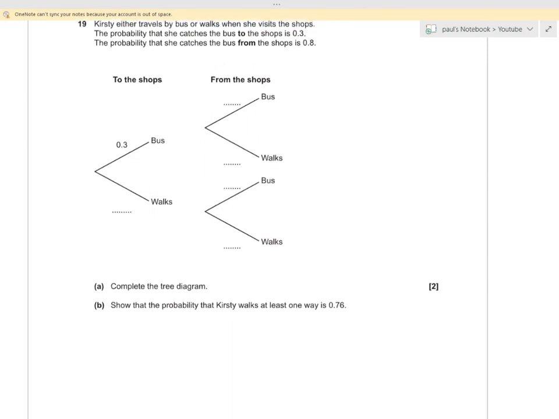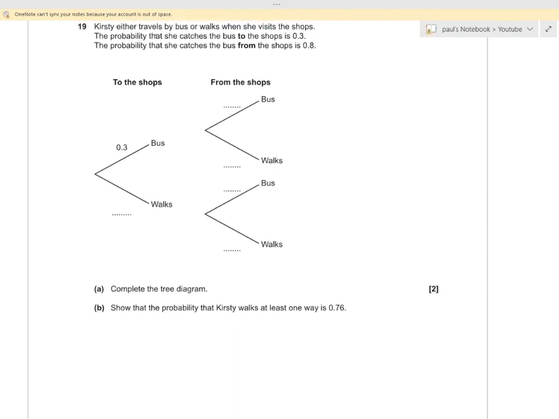Ooh, hang on. Kirsty either travels by bus or walks. The probability she catches the bus to the shops is 0.3, so that must be 0.7 for walking. Now, the probability she catches the bus from the shops is 0.8, so that must be 0.2 for walking. Complete the tree and show that the probability Kirsty walks at least one way is 0.76.